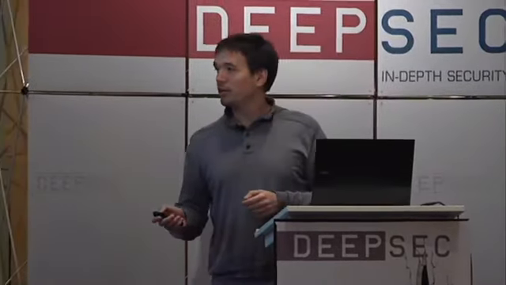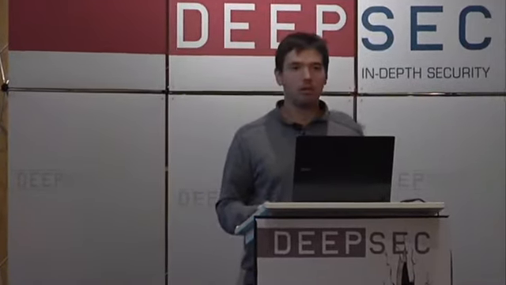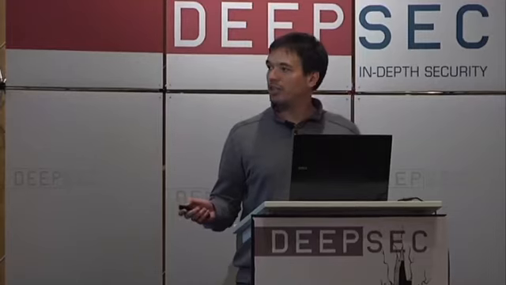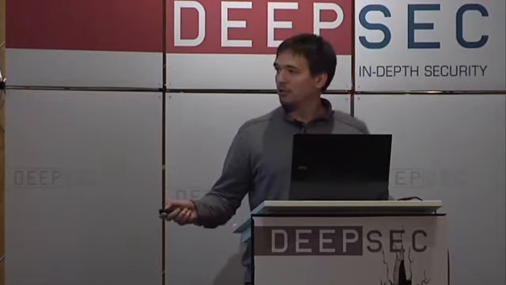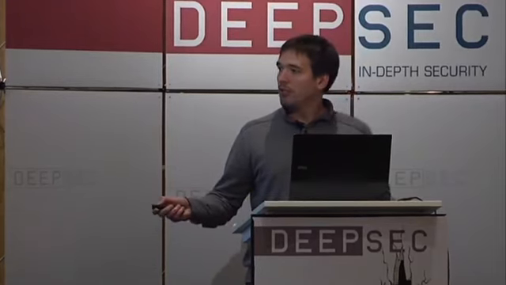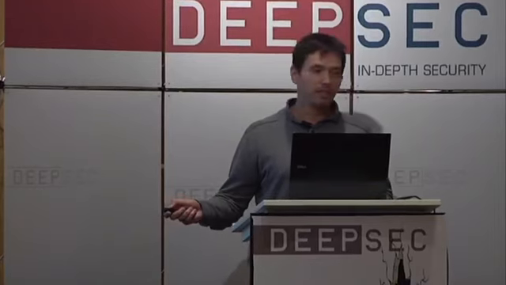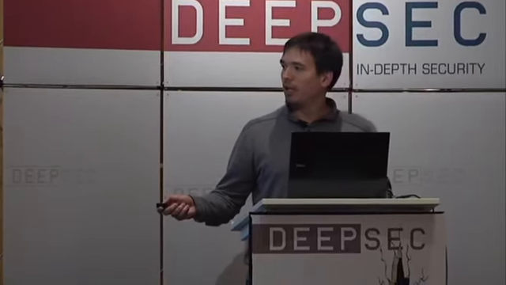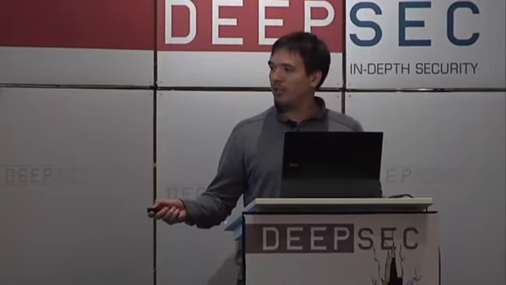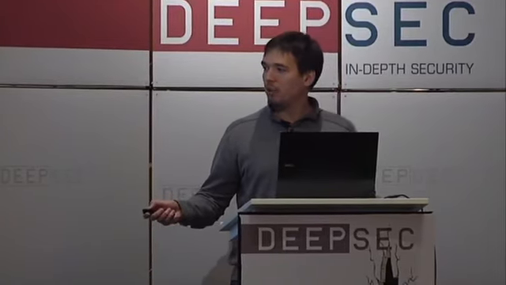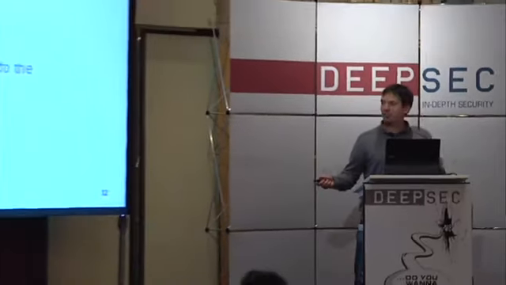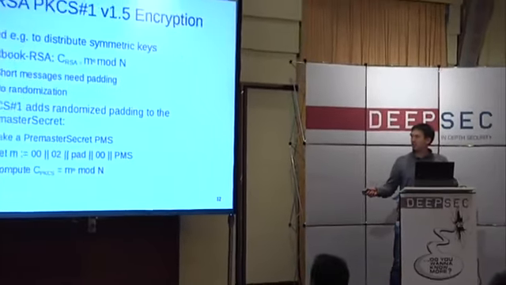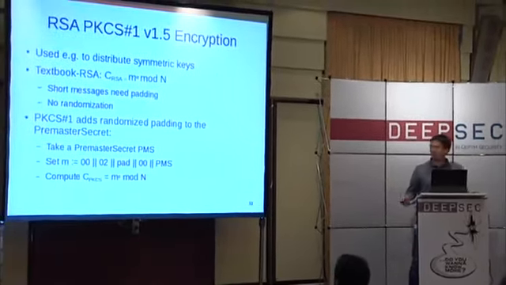So to this end, the PKCS1 standard adds randomized padding to the pre-master secret in our case. How is it done? First, the encryptor, so the client, takes a pre-master secret and generates some random padding, and creates a message: 0002, some padding, then 00, and then the pre-master secret.